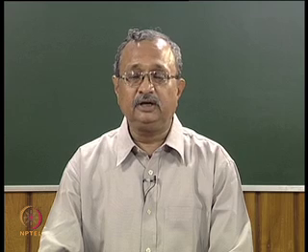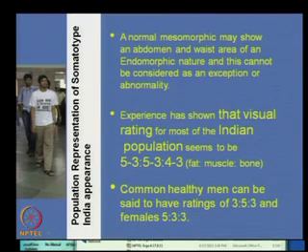Now, for the Indian population, what is its relevance? A normal mesomorphic may show an abdomen and waist area of an endomorphic nature, and this cannot be considered an exception or abnormality.